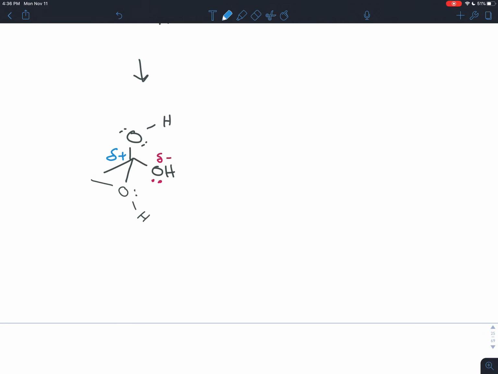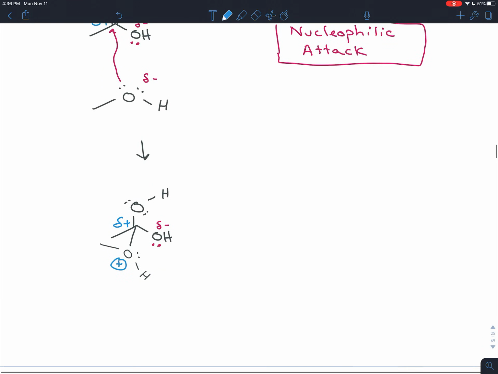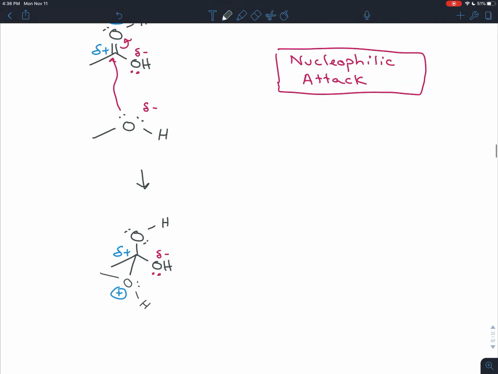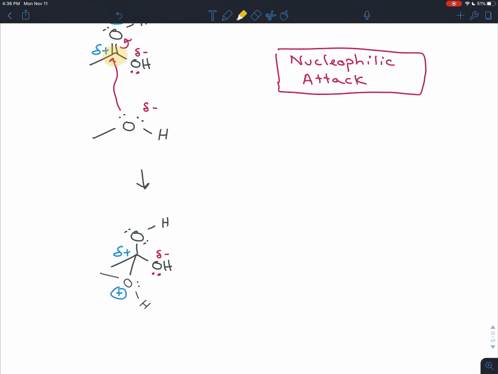That oxygen now has 3 bonds and therefore a full positive charge. Okay, well, we have our famous tetrahedral intermediate. And let me draw this bond here closer to the middle so it doesn't look so strange. So we have our famous tetrahedral intermediate. The carbonyl carbon was sp2 hybridized and trigonal planar, therefore flat. Now it's sp3 hybridized and tetrahedral.